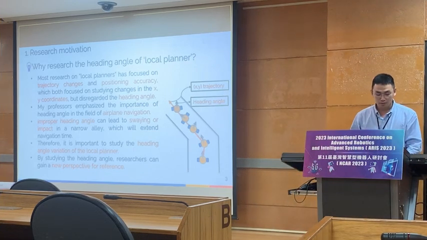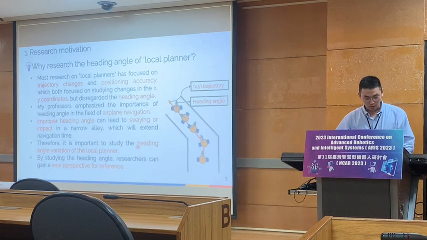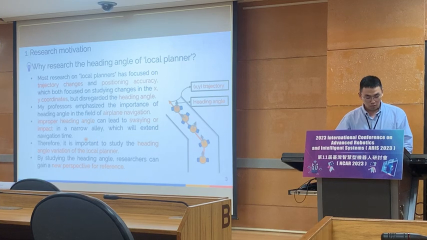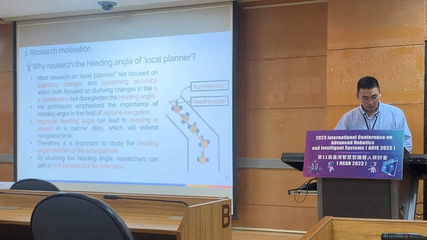My professor emphasized the importance of the heading angle in the field of robot navigation. An improper heading angle can lead to swinging or collisions in a narrow alley, which will extend navigation time. Therefore, it is important to study the heading angle variation of the local planner. By studying the heading angle, researchers can gain a new perspective for reference.